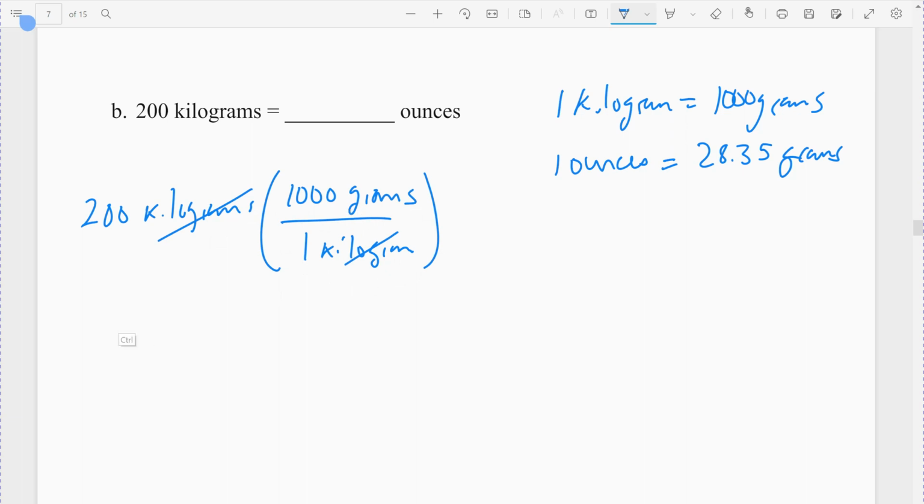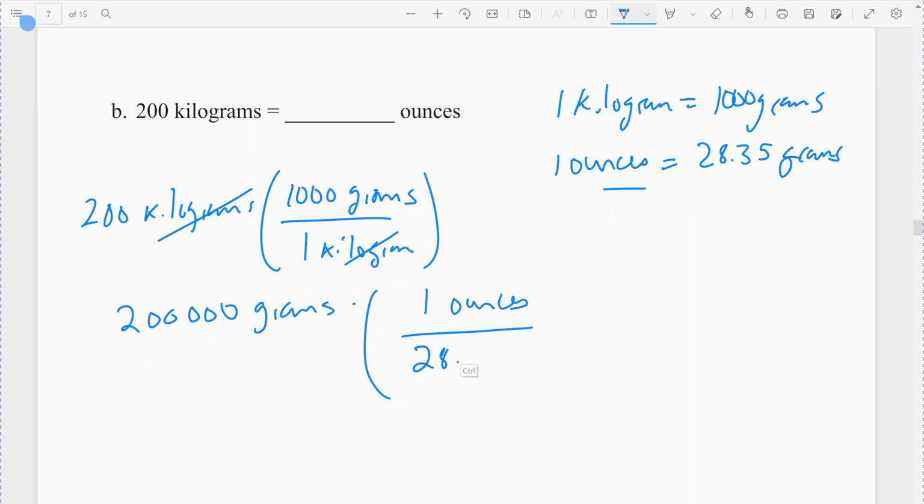If I do this in 2 steps, if I multiply that out, that comes out to 200,000 grams, which now I want to convert to ounces. And so I know that for every 1 ounce, there are 28.35 grams. I put grams in the bottom because that's what I want to cancel out, and I want to be left with ounces.